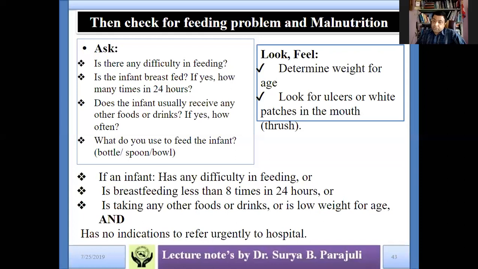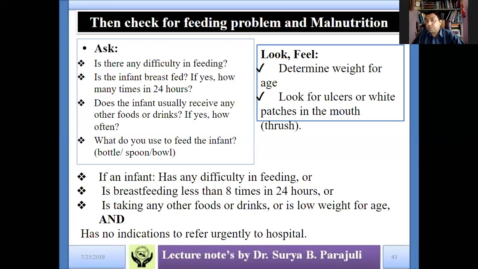Despite these, you need to check for feeding problems and malnutrition, because malnutrition and feeding problems are common in our context. Ask, is there any difficulty in feeding? Is the infant breastfed? If yes, how many times in 24 hours? Does the infant usually receive any other food or drink?